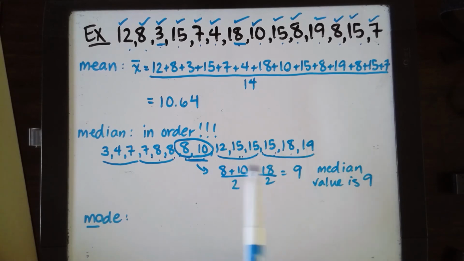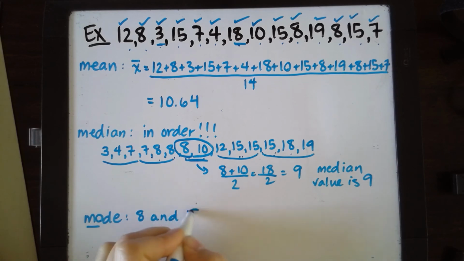So both 8 and 15 show up more times. There's only 2 7s. So 8 and 15 show up more often than the 7s or any other number. So we have 2 modes this time: 8 and 15. You can definitely have more than one mode.